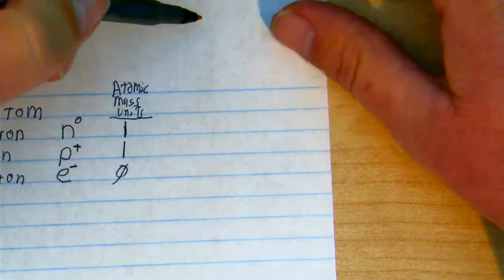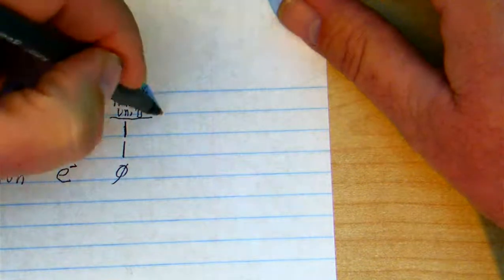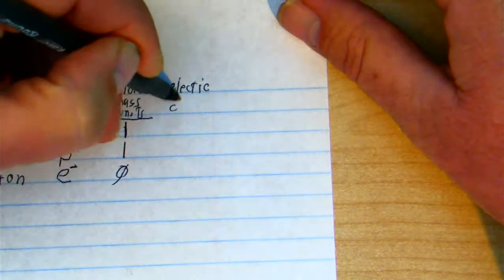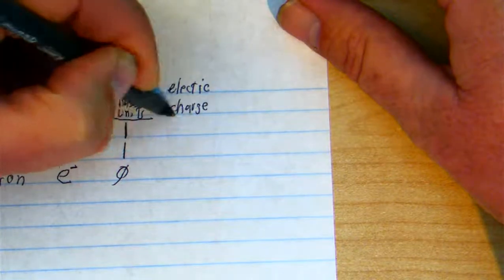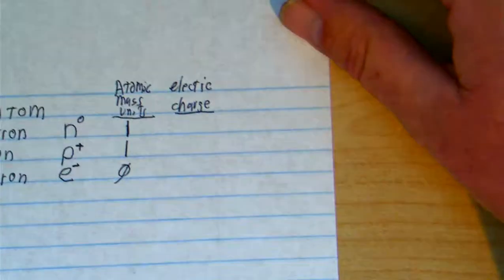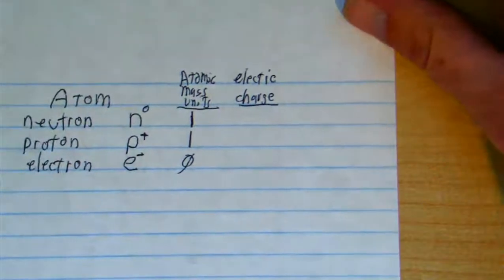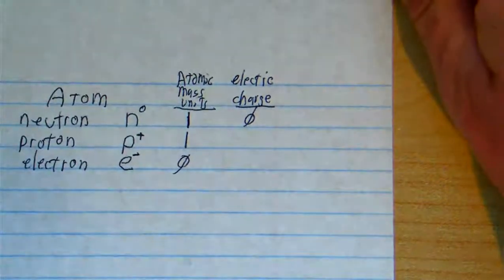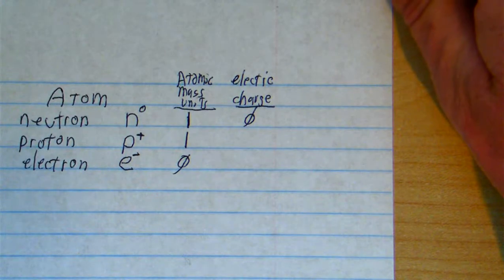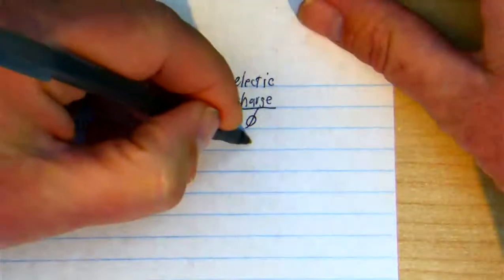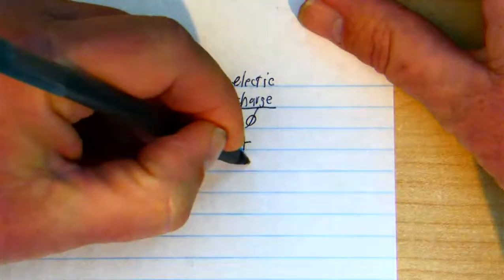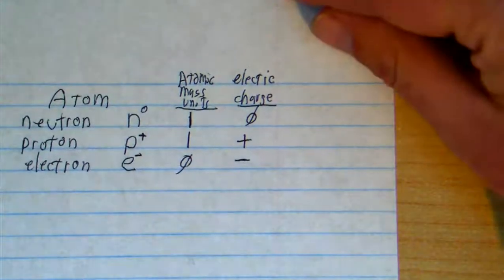The part that we care about now in physics is the electric charge on each one of these particles. The neutron got its name because it has neutral electric charge. The proton has a positive charge. The electron has a negative electric charge.